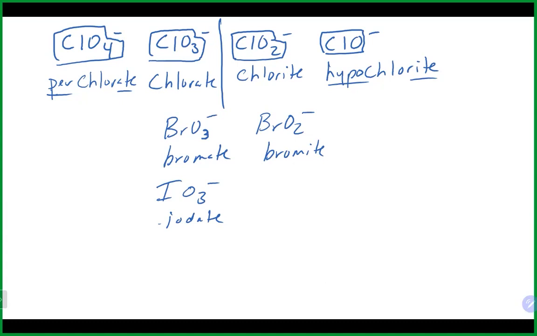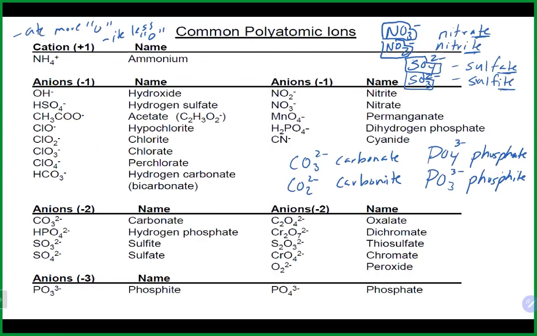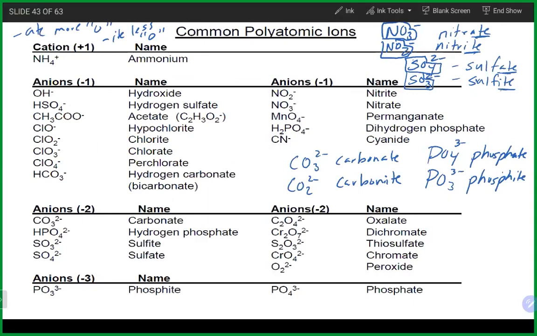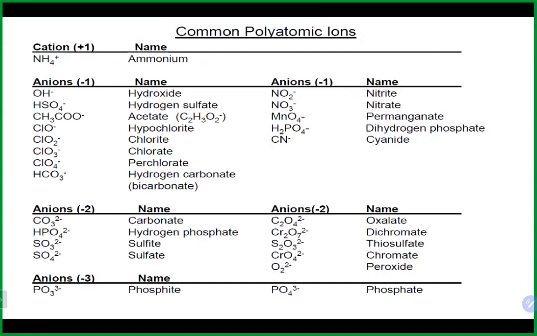A couple other things, if we look at the table. There are certain ones where we add, for example, hydrogen or H plus in front of it. So we looked at our carbonate, which is CO3 2 minus. If I put an H plus in front of it, that gives me HCO3 minus.